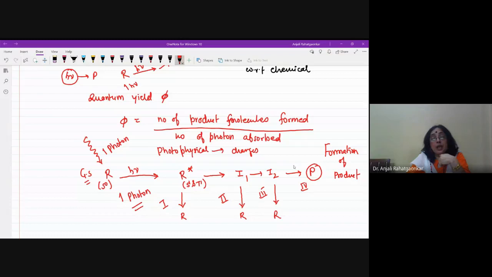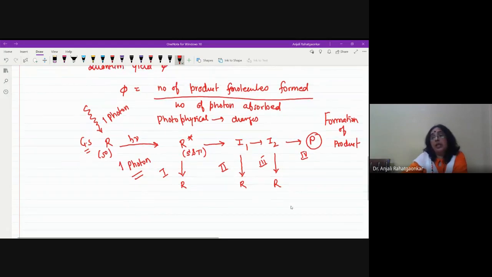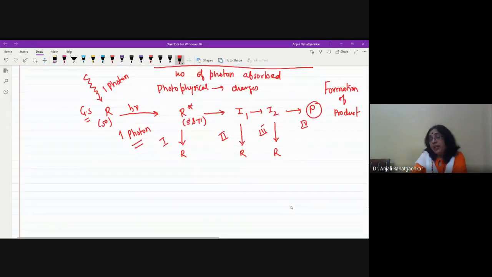The possibilities are very much there, because photochemical reactions form free radicals in the reactions. So the reactions are not very effective unless we follow certain rules and regulations.